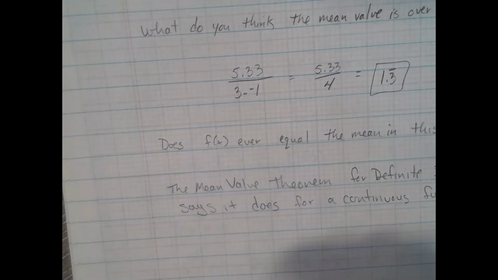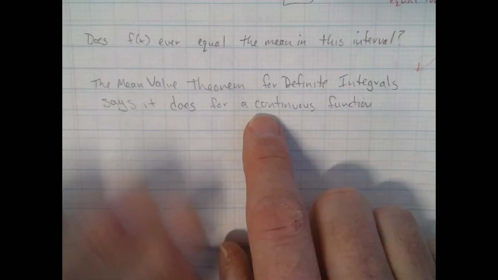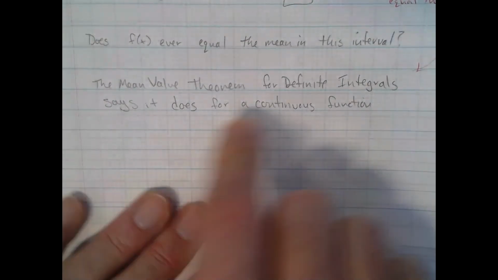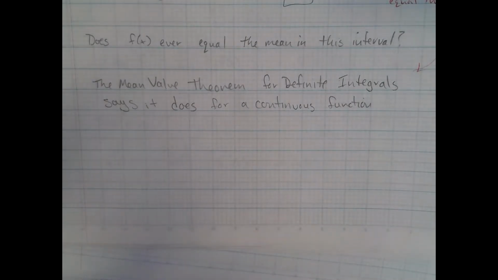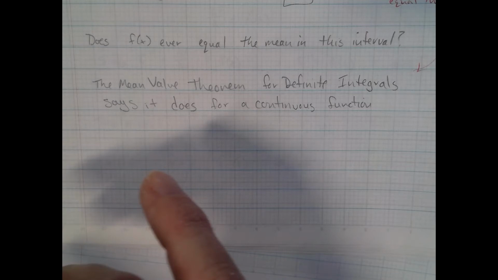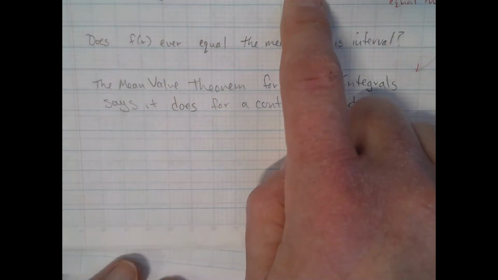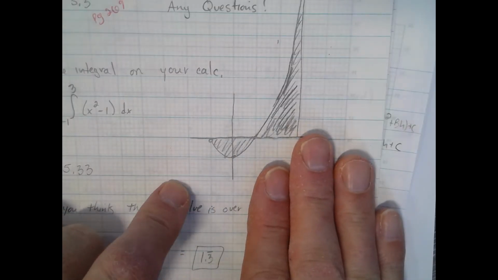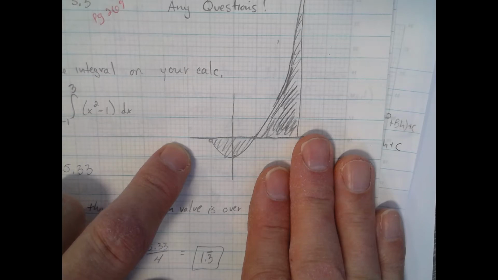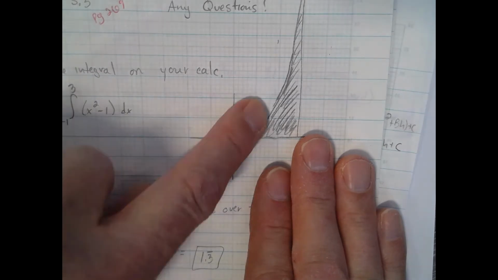Now there's a mean value theorem for integrals we don't talk a whole lot about. But if you remember the mean value theorem for derivatives, there has to be a point where the average is equal to the instantaneous. So here the average was 1.33. There had to have been a point on this graph where the function is 1.33, and it goes through the point 1.33 right there.